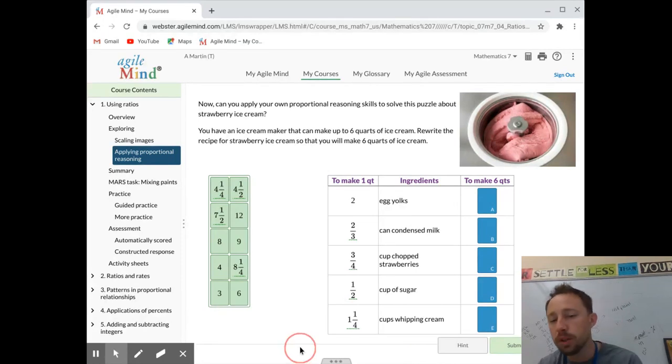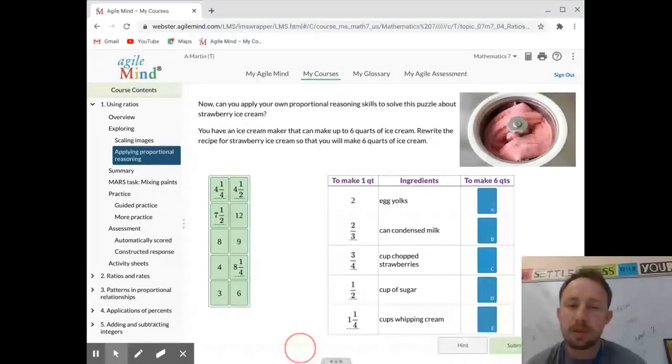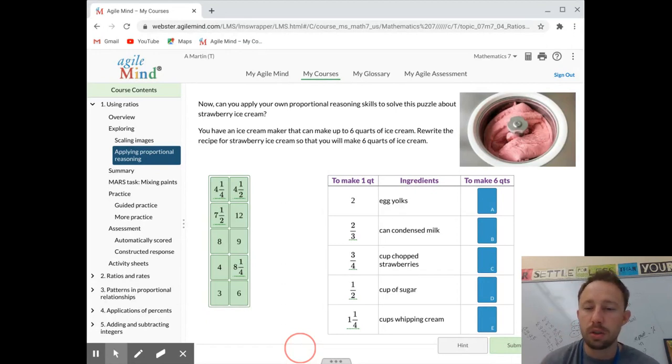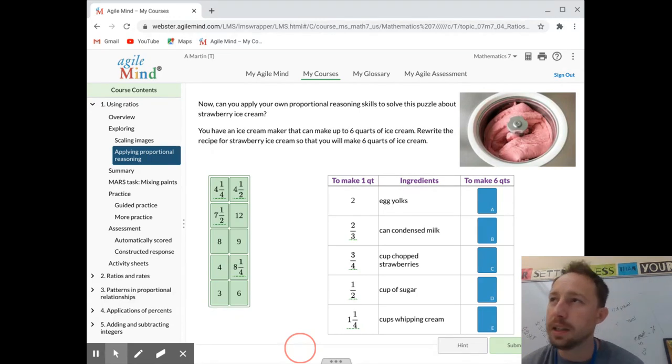But before we do that, I want us to determine what our scale factor is. So Miss Layla, will you tell us what our scale factor is to make 1 quart become 6 quarts? 6. 100% correct. And the scale factor, who can tell us what a scale factor actually means? What do we do with that scale factor?